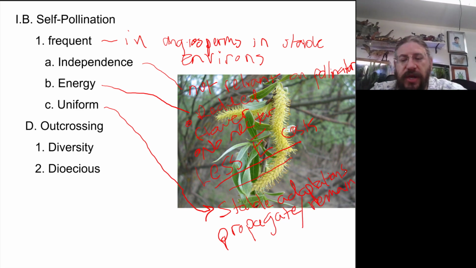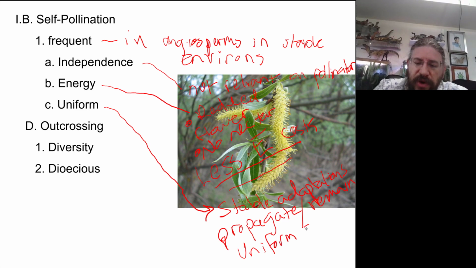If you have a particularly well adapted phenotype, you have a collection of adaptations that make you very effective in this very stable environment. You have uniform offspring for this uniform habitat. So, pretty helpful. Uniform offspring for uniform habitat.